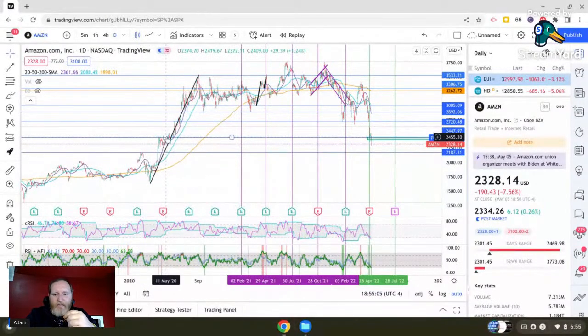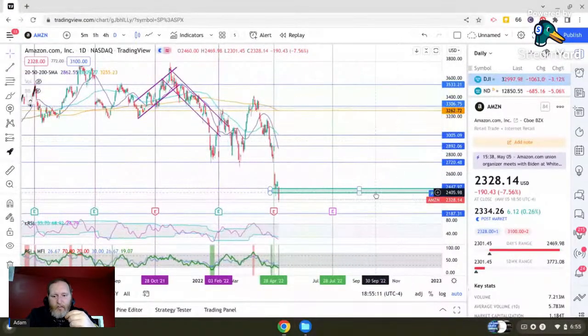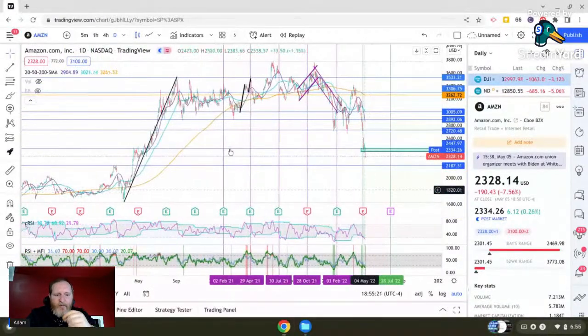I would say Amazon somewhere in this green box right here, which is 2,400 up to 2,450, I thought might be an okay place just looking at technicals for Amazon. But Amazon also fell 7.5% today.